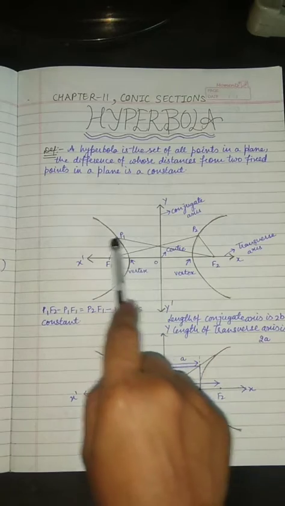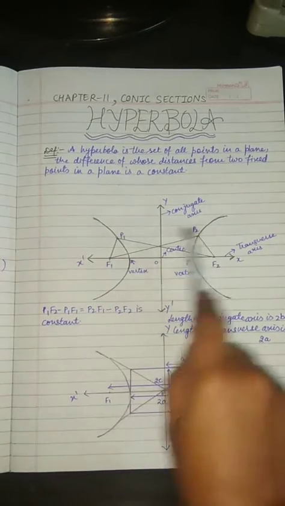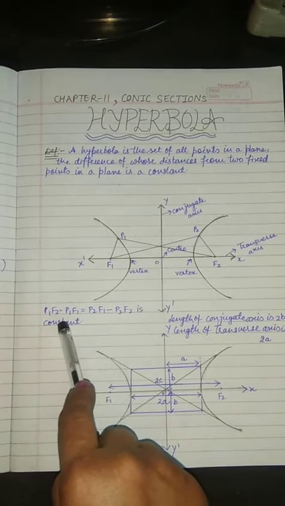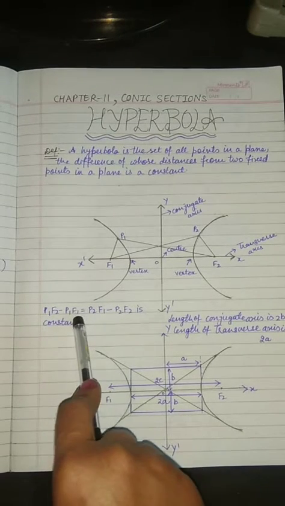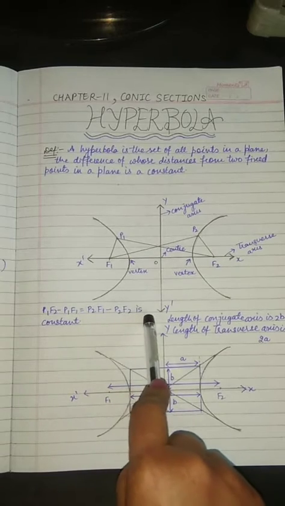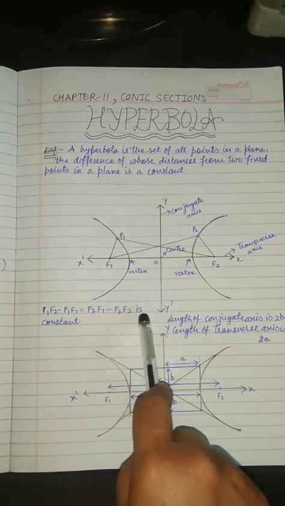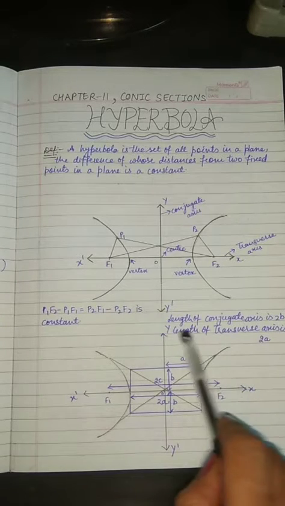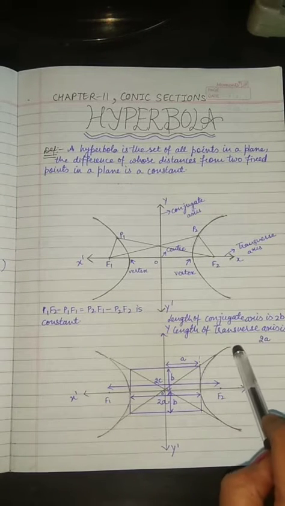So we can say if P1 and P2 are two points on hyperbola, then P1F2 minus P1F1 is equal to P2F1 minus P2F2, and their value will remain the same. So next we come to the length of conjugate and transverse axis.